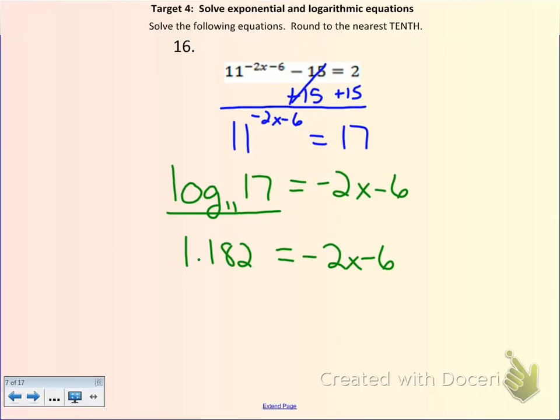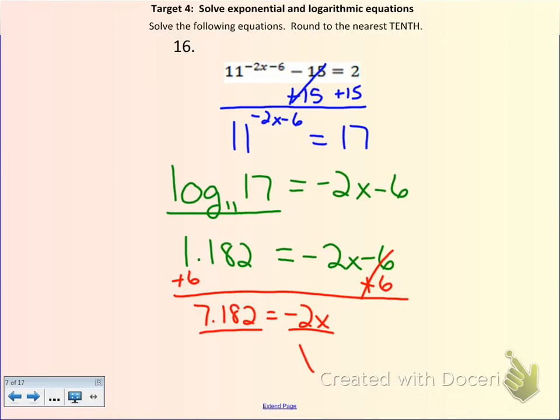Now we're going to solve this equation. We're going to add 6 to both sides. So we end up with 7.182 equals negative 2x. Divide both sides, and we get x equals negative 3.6, because the directions say round to the nearest tenth. So that's one place after the decimal point.